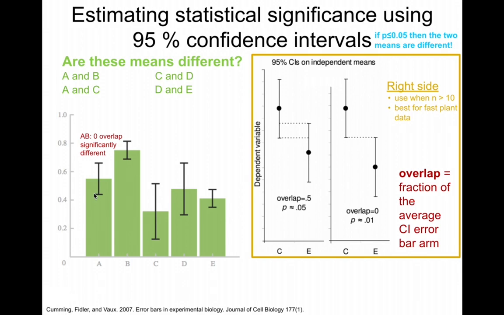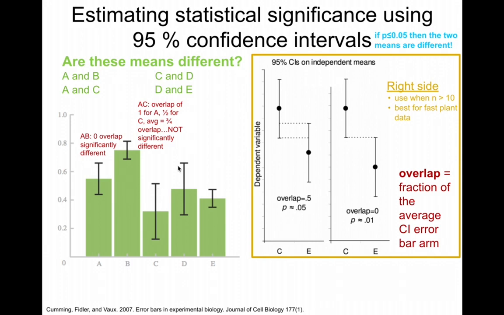So then if we average 3/4 of an arm and half of an arm of overlap, that's going to be more than half of an arm of overlap between these two error bars. And so we can say that they're not significantly different, despite the great difference in the height of these bars. The actual means aren't significantly different because there is so much overlap between the two error bars.